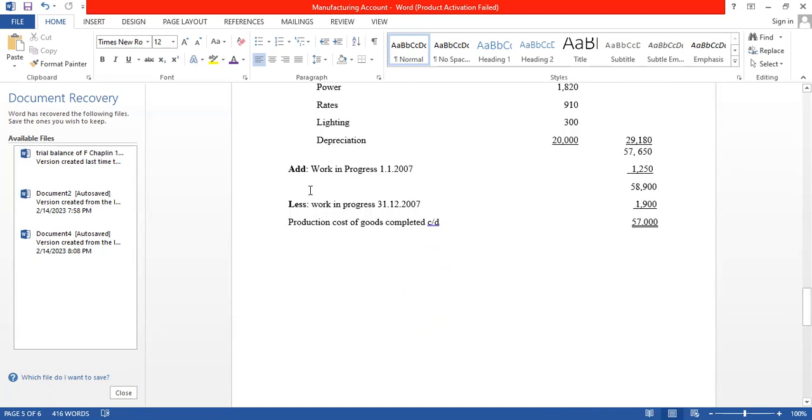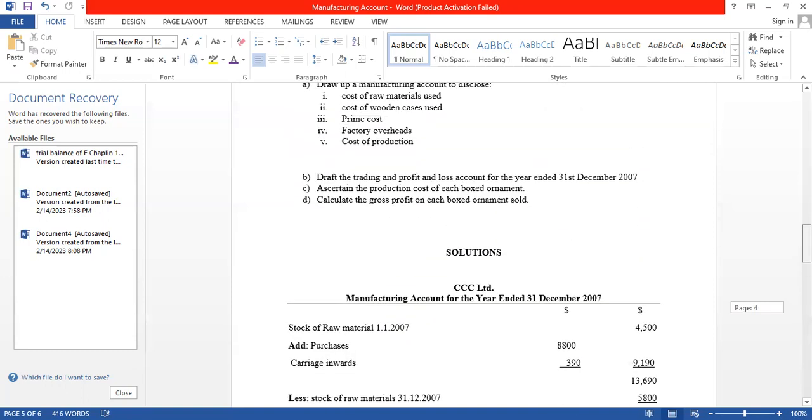We're going to subtract it from this figure here, which is $58,900 minus $1,900. And we will get $57,000. Therefore, production cost of goods completed is $57,000.